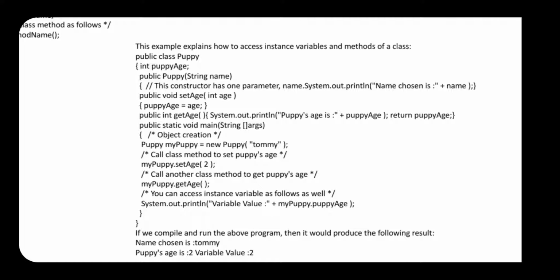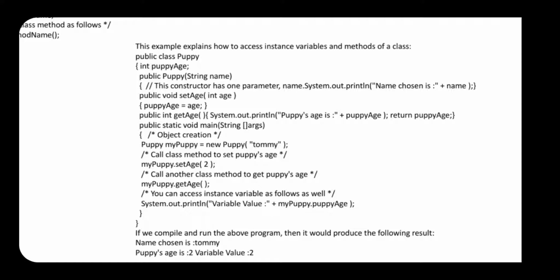What you are going to do with this is System.out.println, name chosen is name, whatever name you define at the time of accessing, and it will display that. Public void setAge. Puppy age is a class variable of Puppy, which you are going to access through the method, and then display.